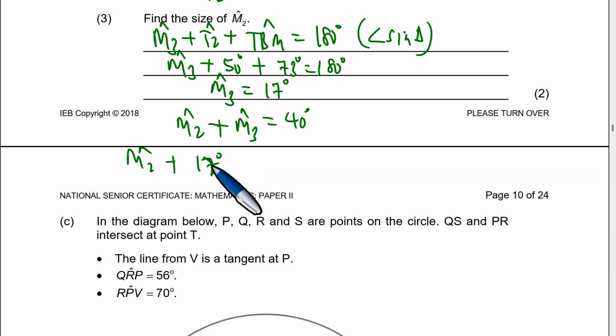So which means that you have 17, and then this is 40 degrees. What is angle M2? It is 40 degrees minus 17 degrees. What is 40 minus 17? It is 23.